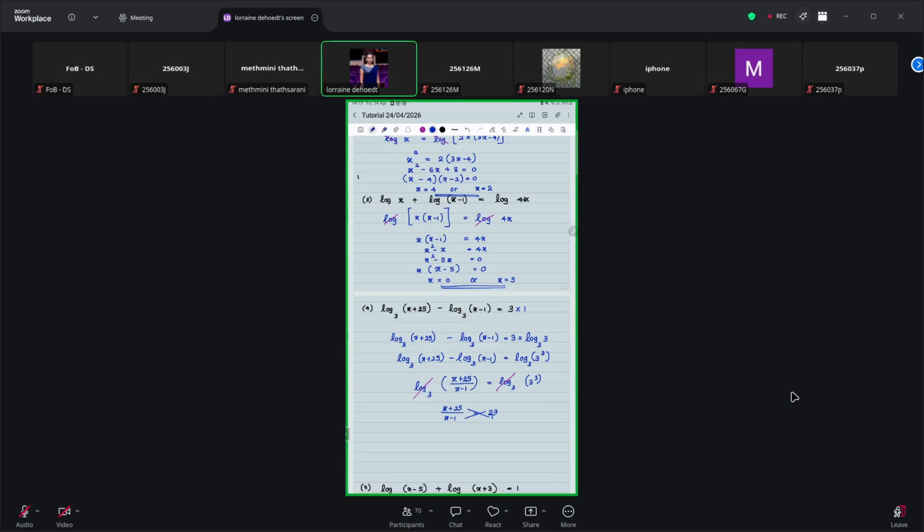Then x plus 25 equals 27x minus 27. Then 27x minus x is 26x. 25 plus 27 is equal to 52. Now you can divide 52 by 26. It's equal to 2. That means x equals 2. Is it okay?